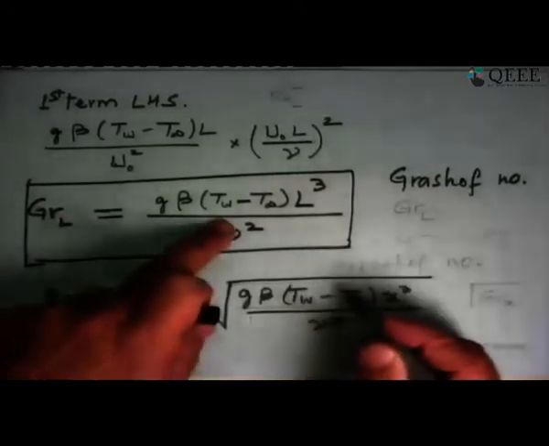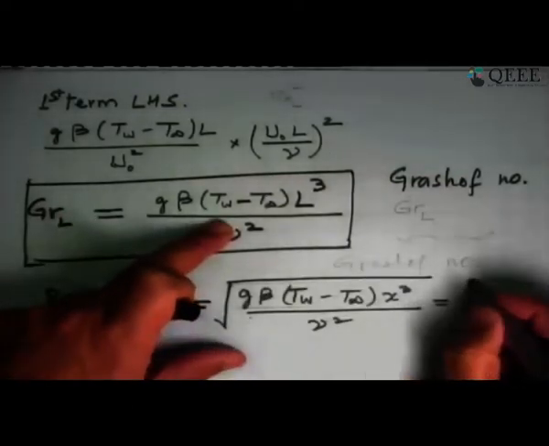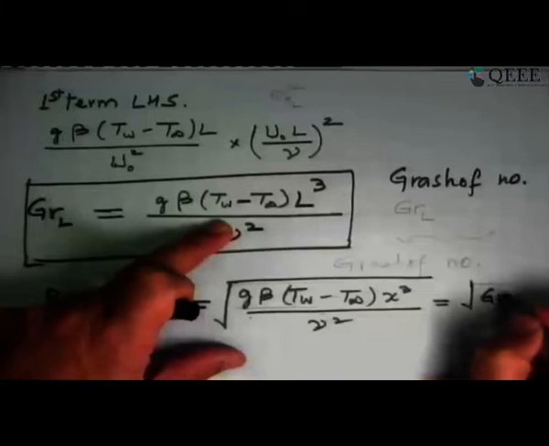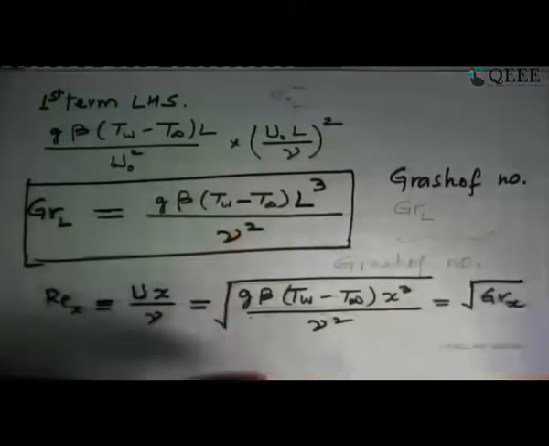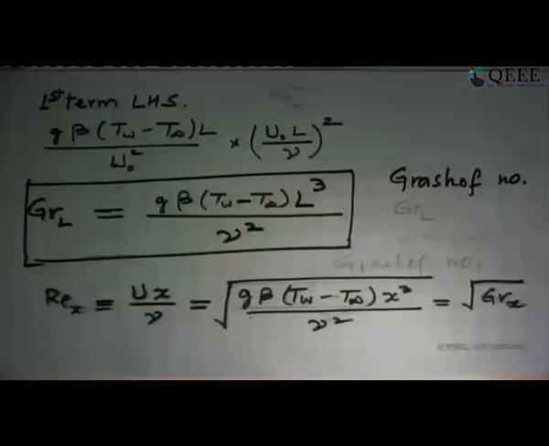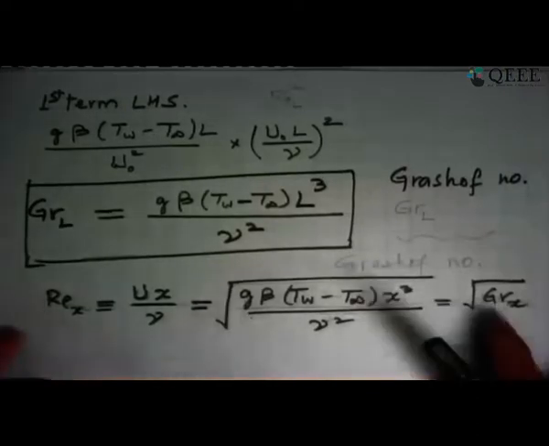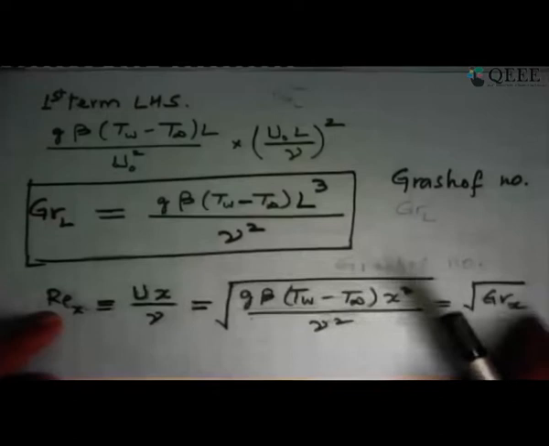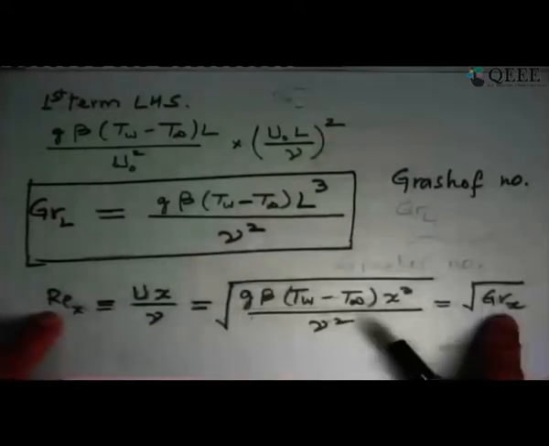And what is this whole thing? It is nothing but this. So this is actually GRX. So we say what is the typical number in the flow? That simplification tells us it is equal to square root of the Grashof number.